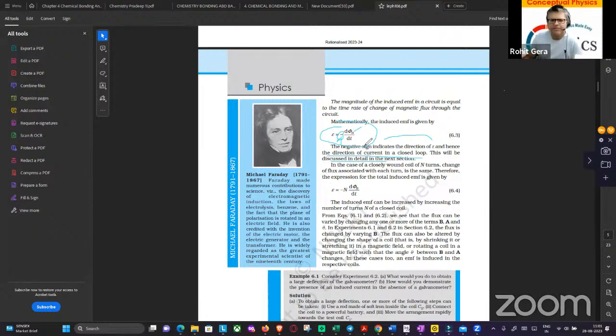So let me give you an example. If you have an example where flux is varying like this, it's a time varying flux, okay? So let's say it is 2t square.